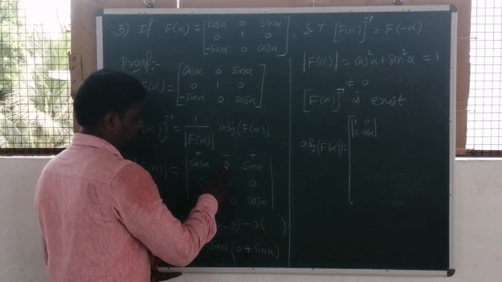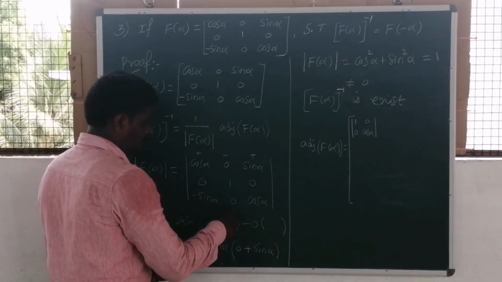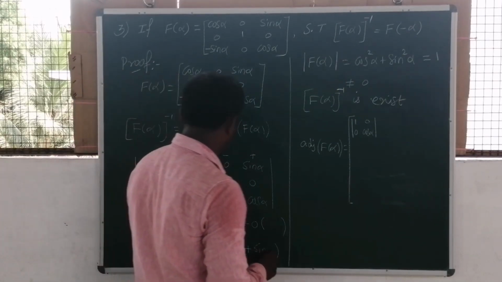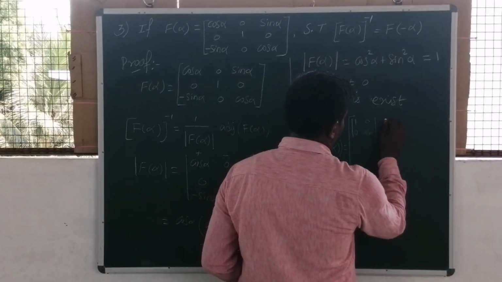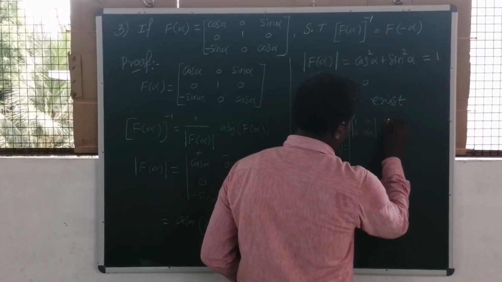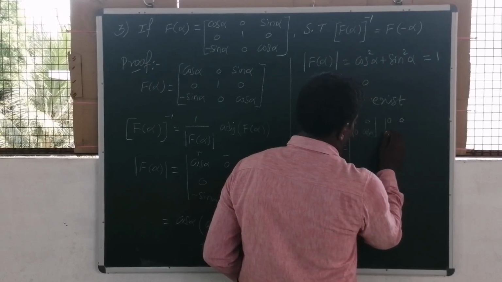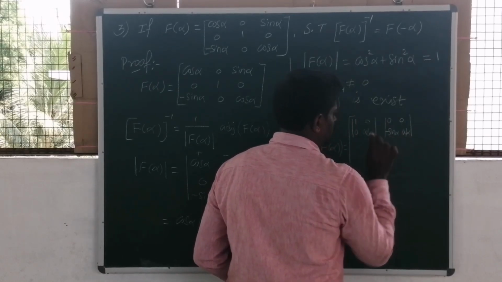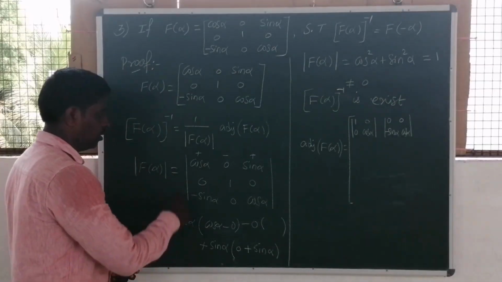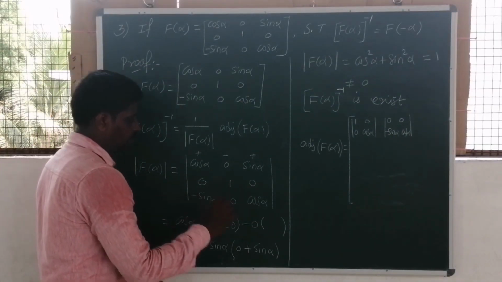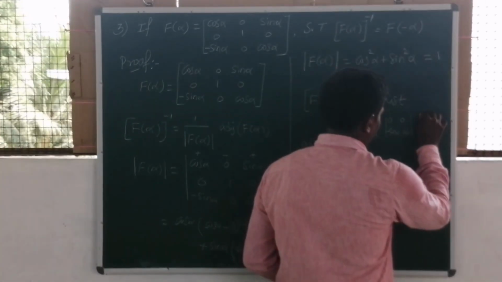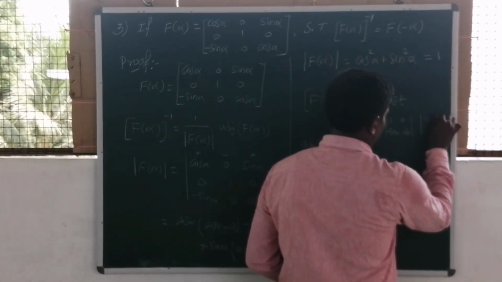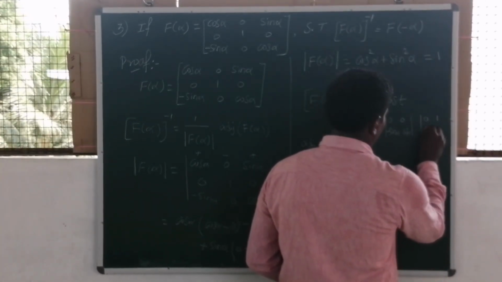For the first row second column, it is 0 0 minus sin alpha cos alpha. For the third one, it is 0 1 minus sin alpha 0.